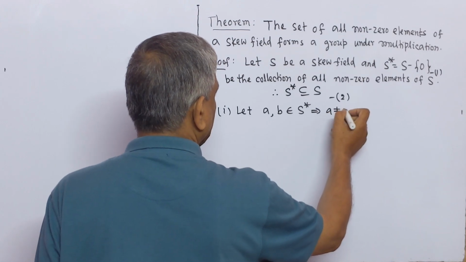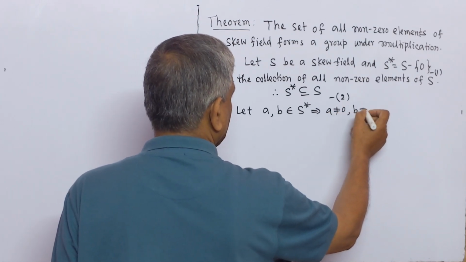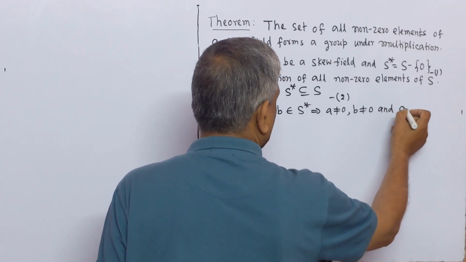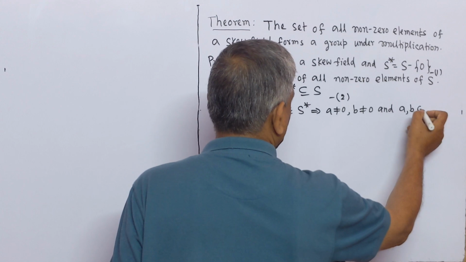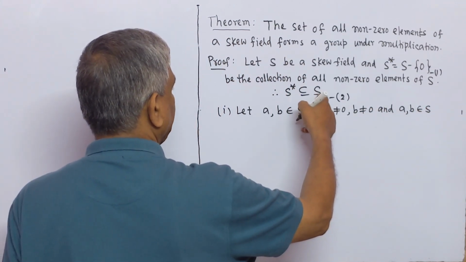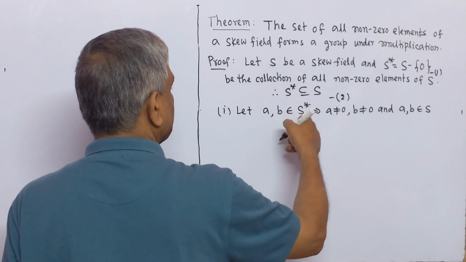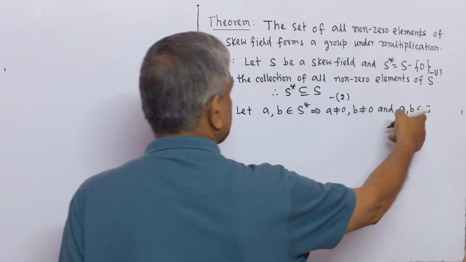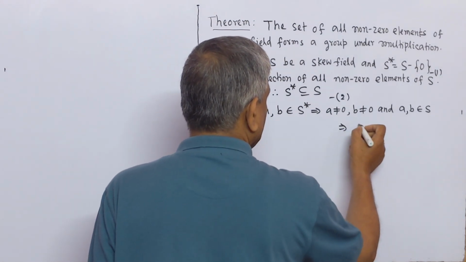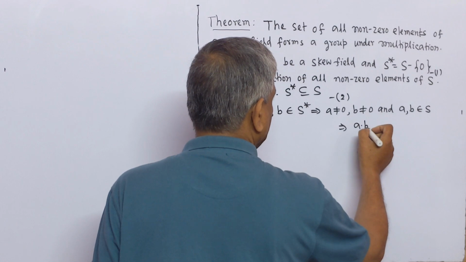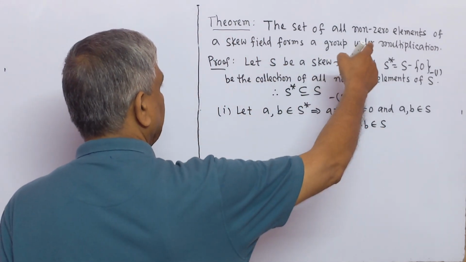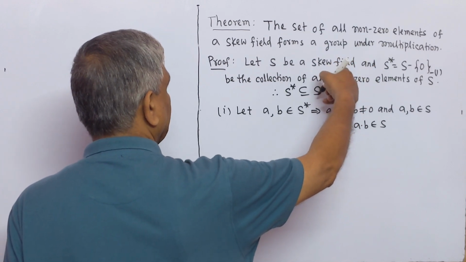A is a non-zero element, B is non-zero element, and A, B belong to S, since S star be the subset of S. Each element of S star will be an element of S. Implies that A multiply B belongs to S, since S is a skew field.